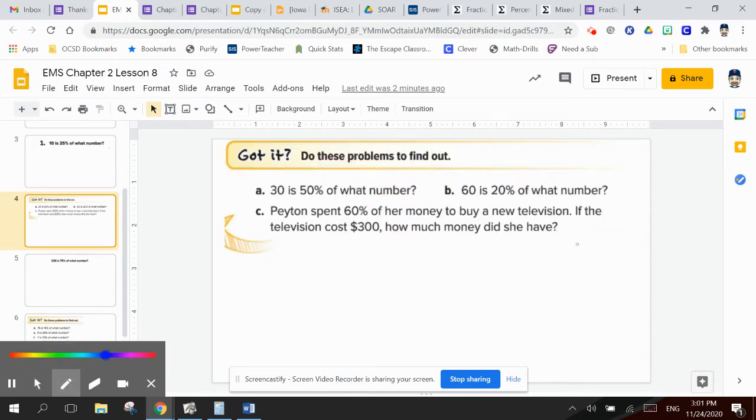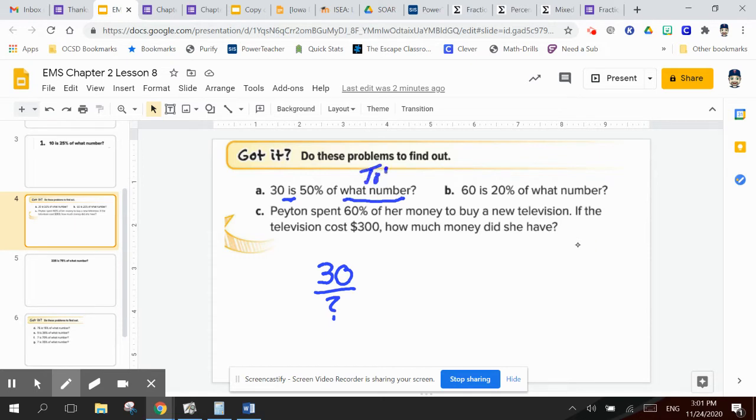So when I look at Got a Problem, letter A, I do the same thing. "Is" tells me that 30 is my numerator, and I have to find the total. I write 50% as a fraction, 50 over 100.